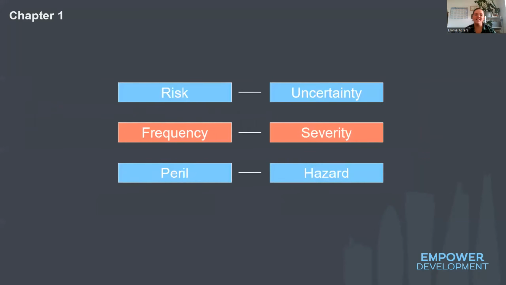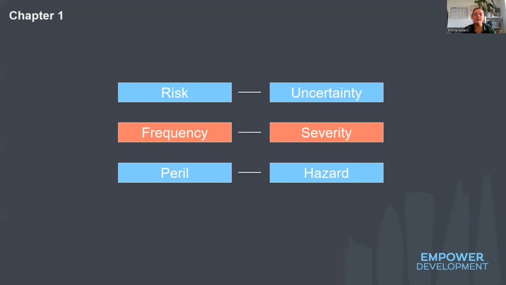So there's often a distinction between the term risk, which is where the statistical probability of an event can be calculated, and uncertainty, which is where there are too many variables involved to make the calculation accurately. So in day-to-day life, we tend to use these terms interchangeably.